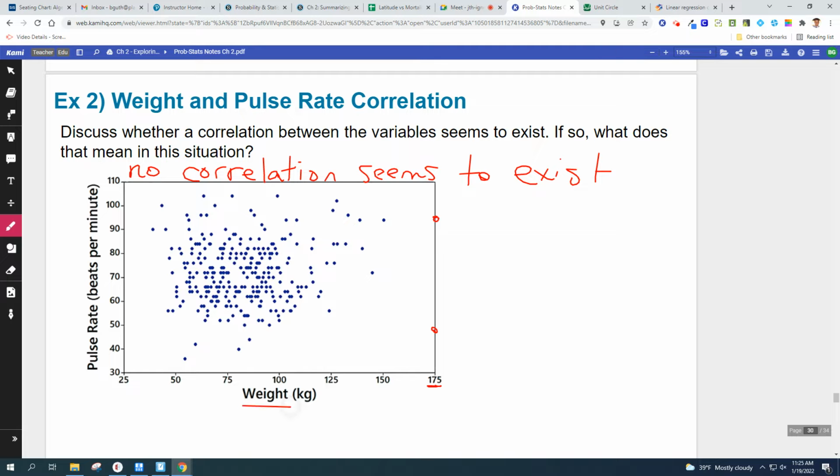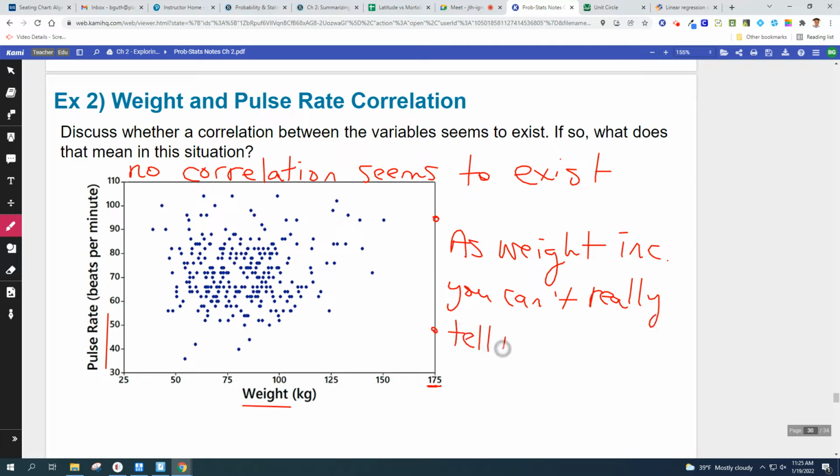So since we're talking about weight and pulse rate, we would say something like, as weight increases, you can't really tell if pulse rate increases.